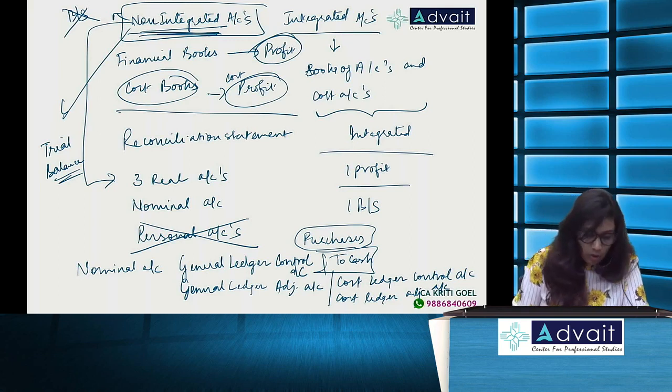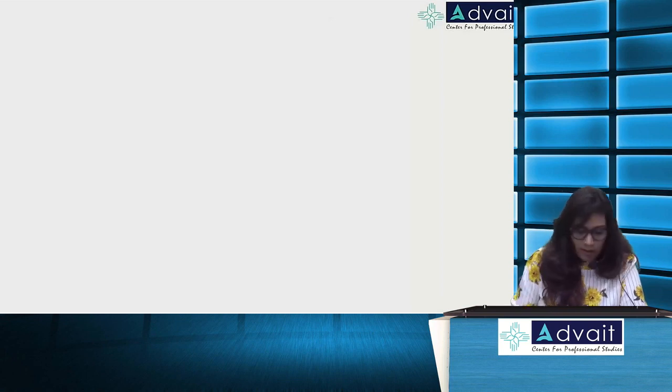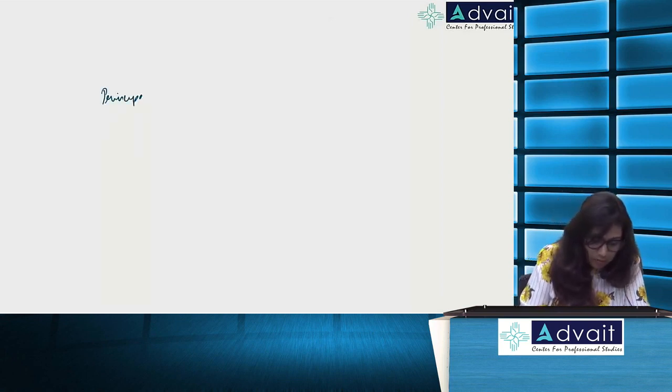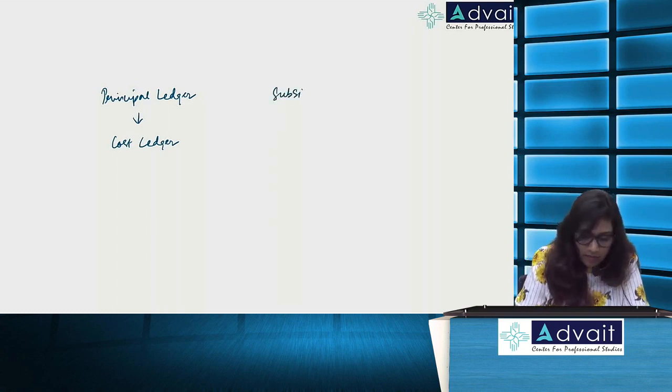Okay, so now in non-integrated accounts, what all do I have? My principal ledger is called the cost ledger, and I have subsidiary ledgers like your stores ledger, WIP ledger, finished goods ledger, correct?